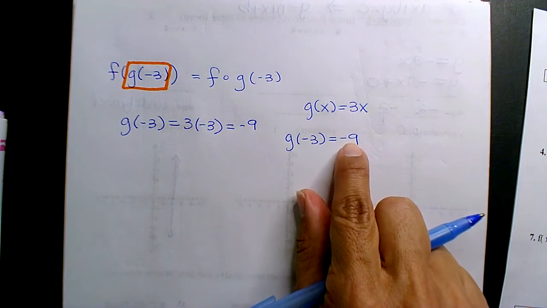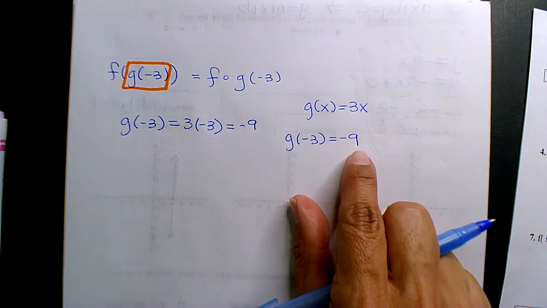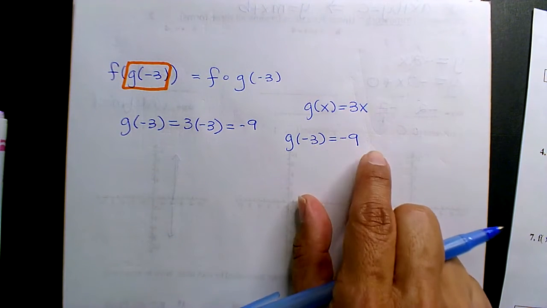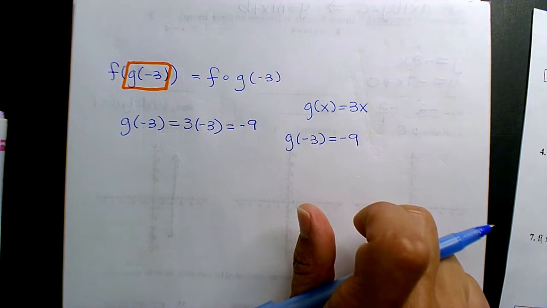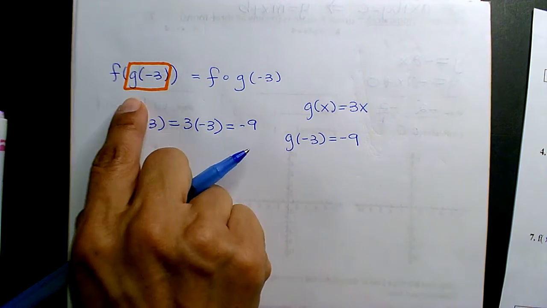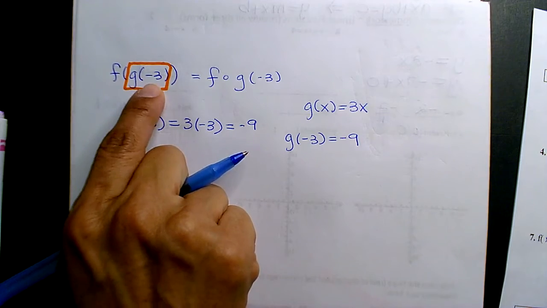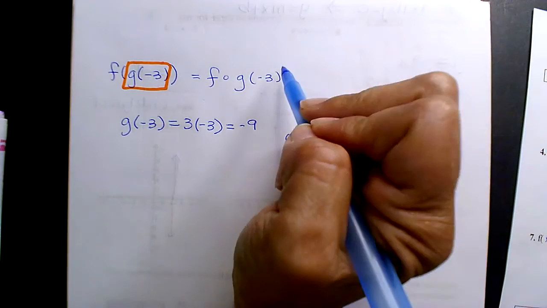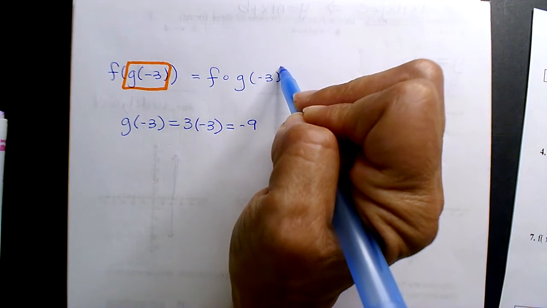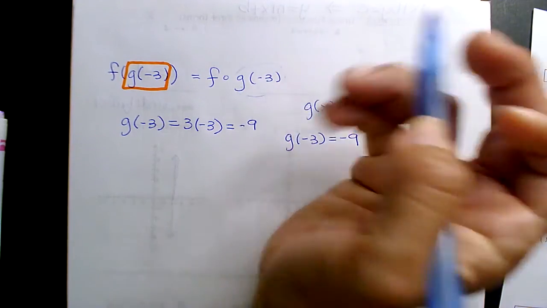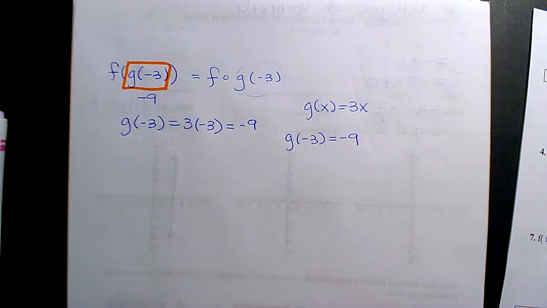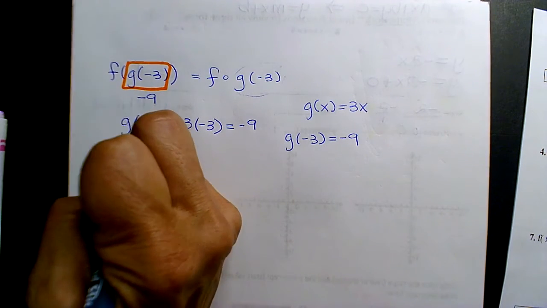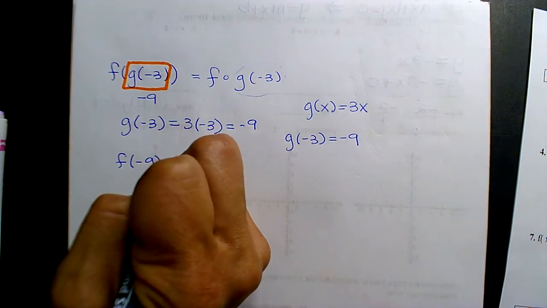Input, output. Independent variable, dependent variable. X, y. If they're asking for f of g of negative 3, they're telling you to first find the output value of g of negative 3, which is negative 9. So now it's asking you to find f of negative 9.